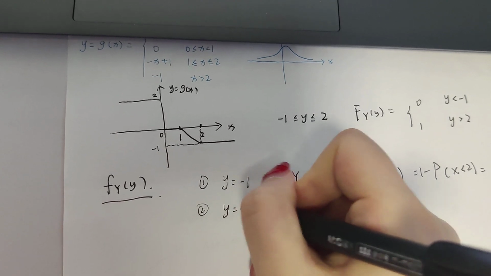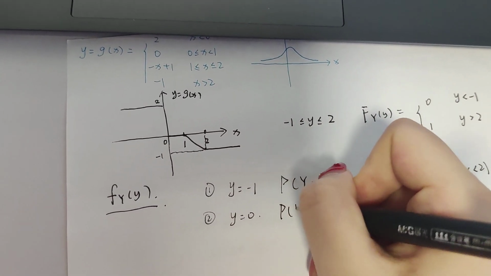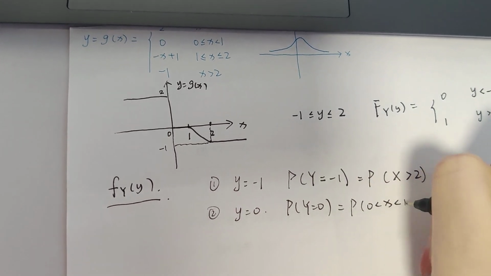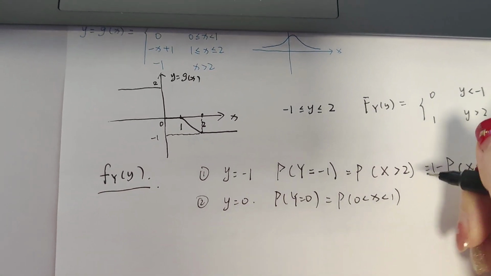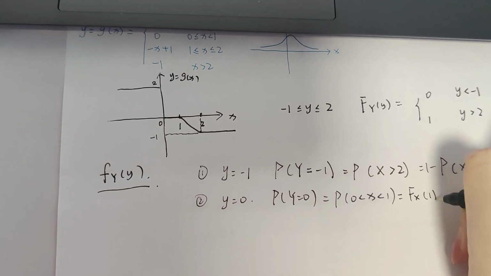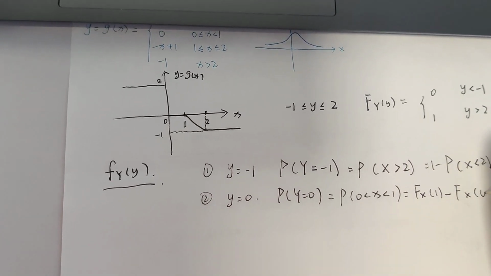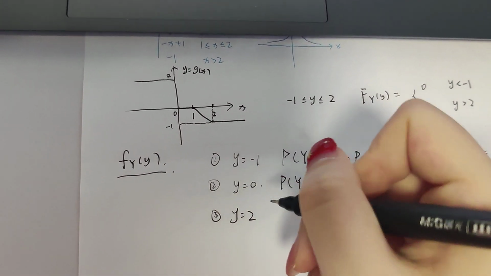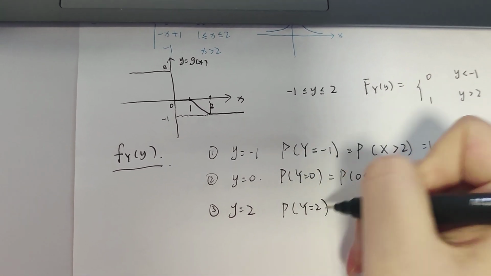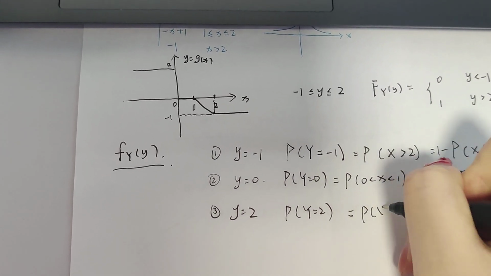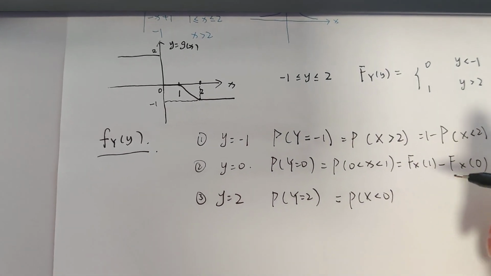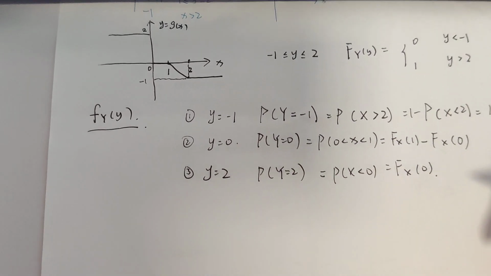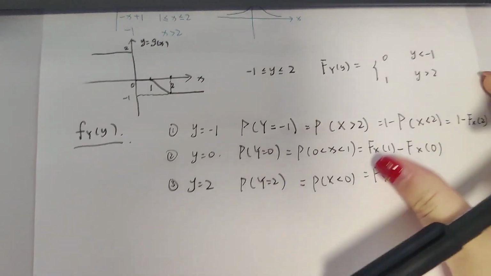When y equals 0, the probability of y equals 0 equals the probability of x from 0 to 1. When y equals 2, the probability equals x less than 0, so this is the distribution function of x at 0.